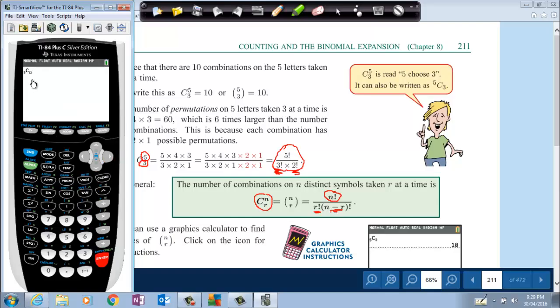So it's 5, and then it comes up, and now we can enter in r, 3, and so that's 5C3, and we just press enter, and the answer is 10. So there are 10 ways of selecting 3 people from 5.